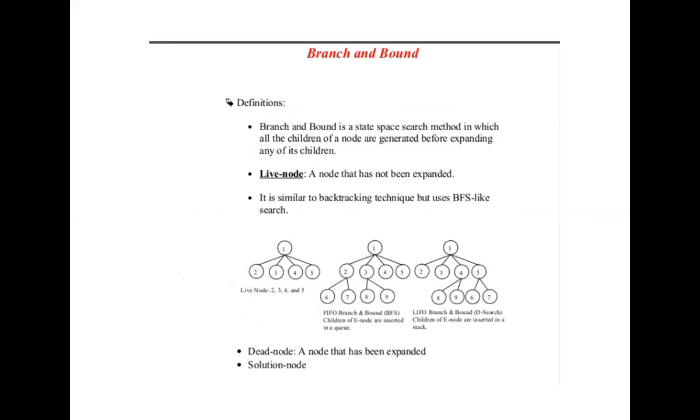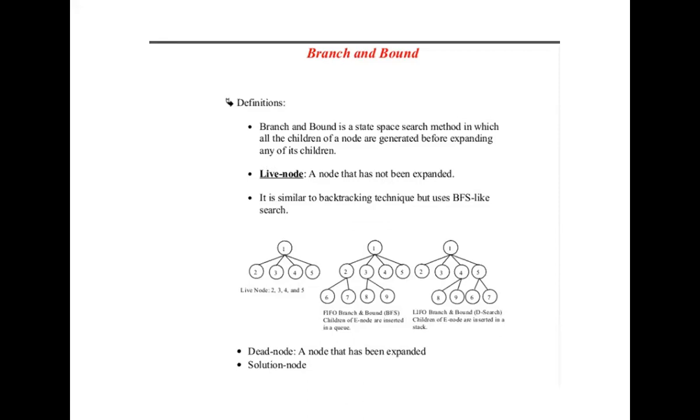See the diagram here. Branch and bound is a state space method in which all children of a node are generated before expanding any of its children.